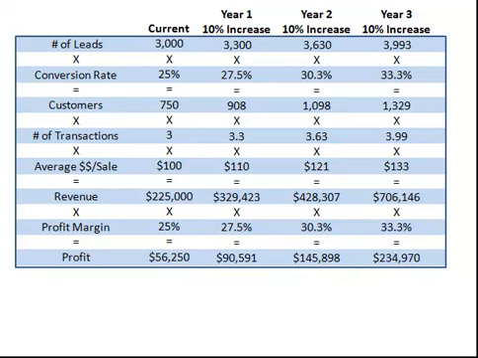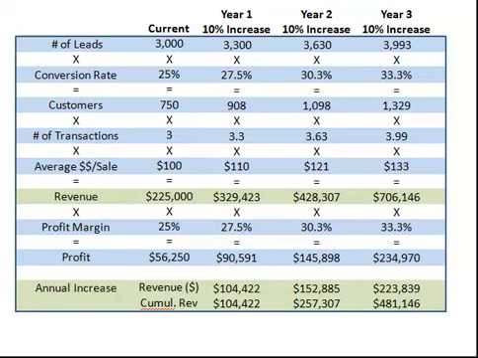So let's take a look at what that really means. If we look at the annual increase, our revenue has gone up $104,422. That's the difference between, in year one, $329,423 and $225. In year two, it's gone up another $152,885.